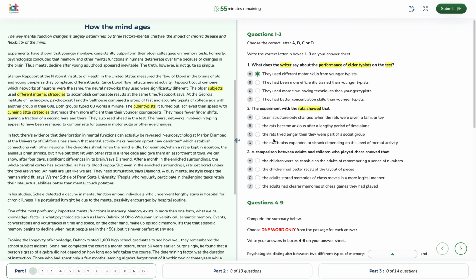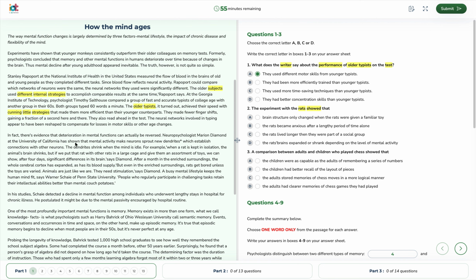The next is: the rats lived longer when they were part of a social group. Or the other one: the rat brain expanded or shrank depending on the level of mental activity. So the amount of mind they are using, the brain expands or shrinks.